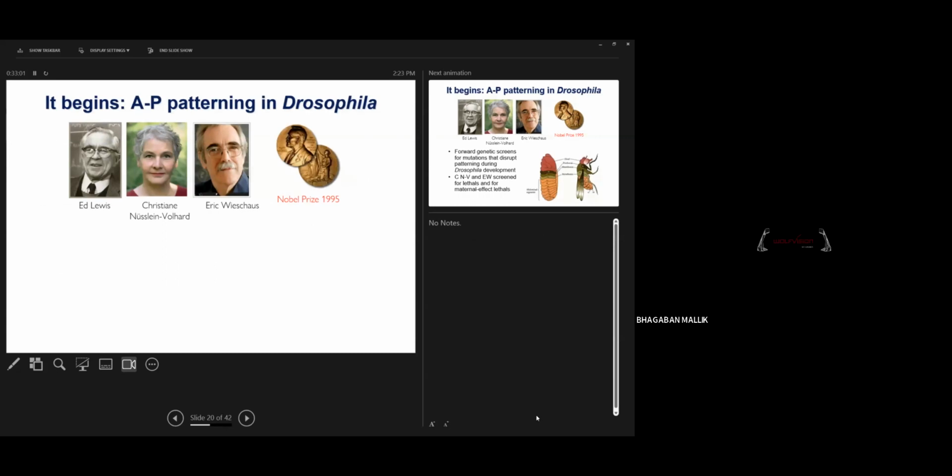Lewis, Christiane, and Eric did the work on anterior-posterior patterning in Drosophila, and they got the Nobel Prize in 1995.